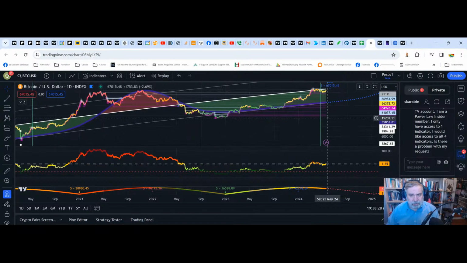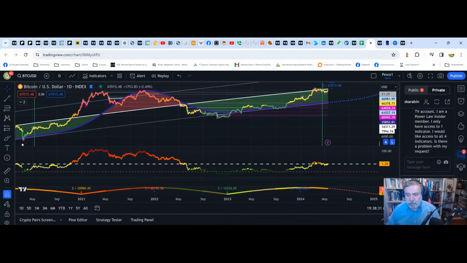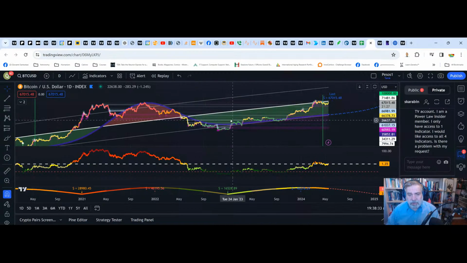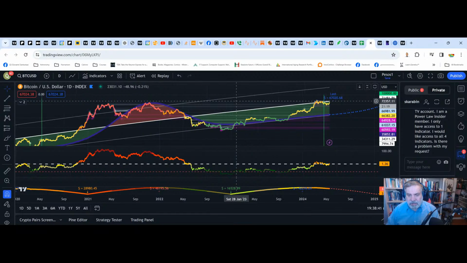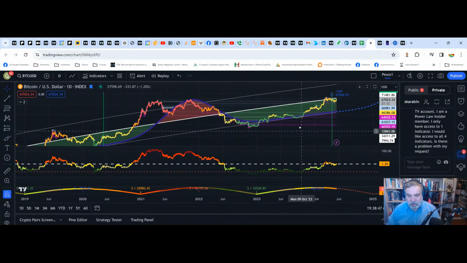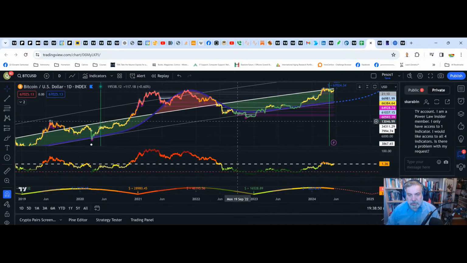And over the short terms, it does look like a straight line because it does follow the power law. Anyway, the entire idea is that using the power law, we can identify areas where the price of Bitcoin is overbought and oversold, right? And so these are the indicators that we have here.